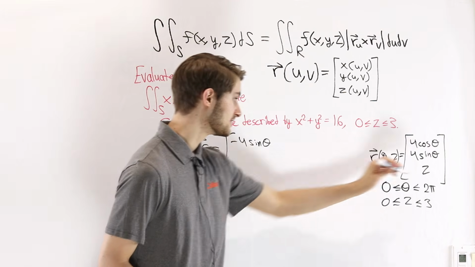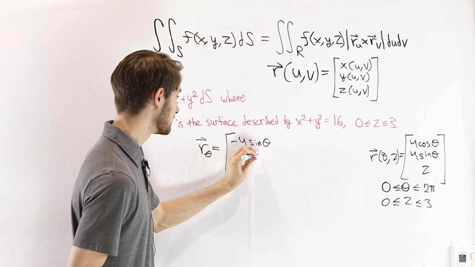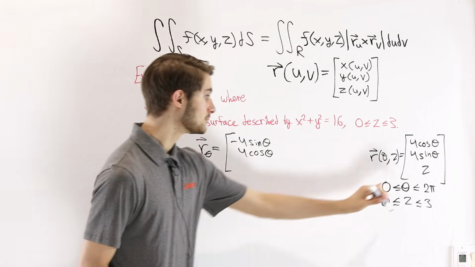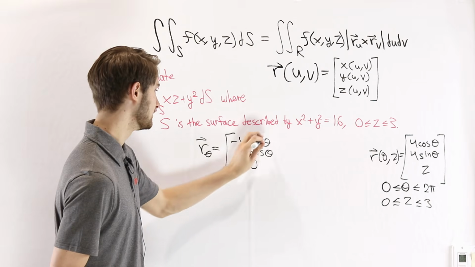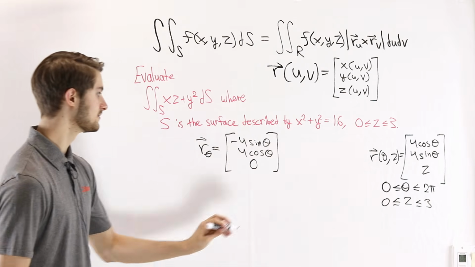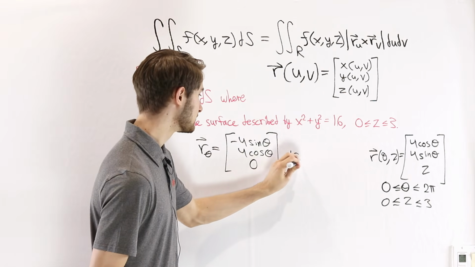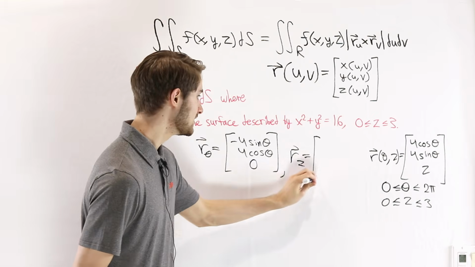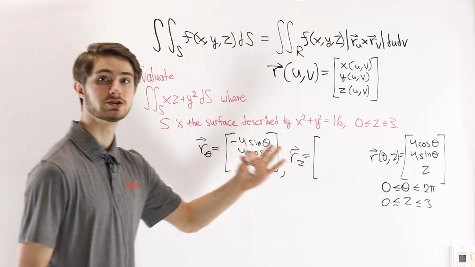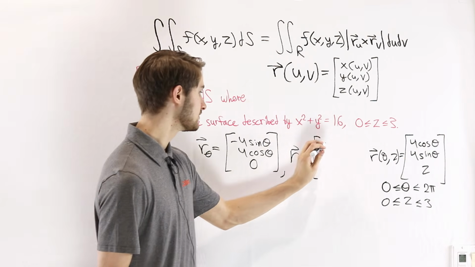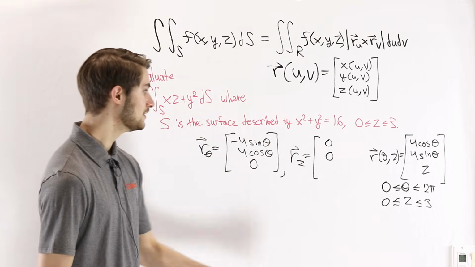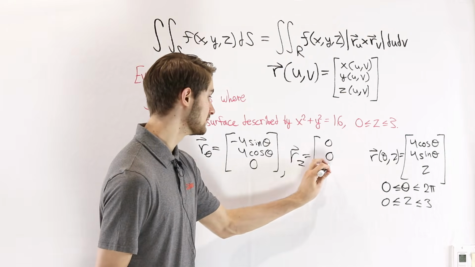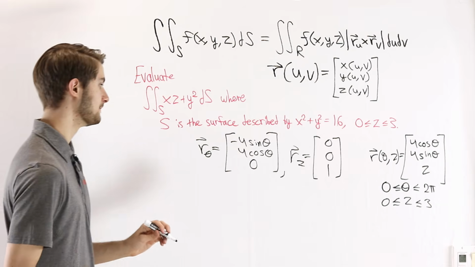The derivative of 4 sine theta will be 4 cosine theta. And then the derivative of z with respect to theta is going to be 0, because we're looking at a partial derivative. If we want r sub z, notice that the x and y components are just in terms of theta. So if we differentiate with respect to z, those are constants, the derivative is 0, and we have the partial derivative of z, which is just 1.